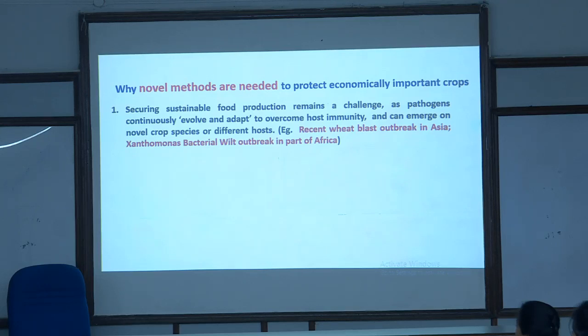Suddenly there is an outbreak of a new kind of disease in Tanzania and other places, caused by a completely different pathogen, Xanthomonas. Till that time, there was no record of a bona fide Xanthomonas species affecting banana. So the pathogen somehow found its way into the banana crop and started affecting it. It became a serious problem, what is called XW, Xanthomonas bacterial wilt, right?